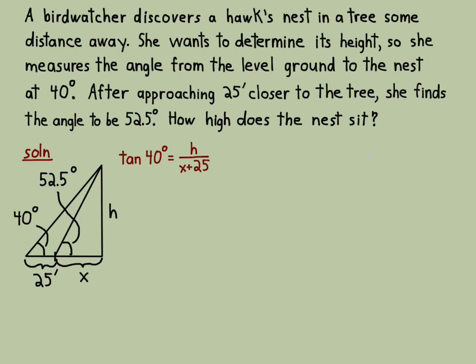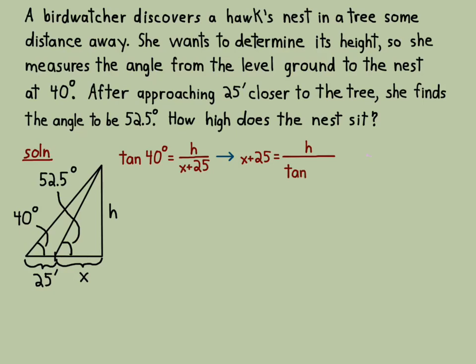So tangent 40 is opposite of the big triangle, right? So 40 degrees is for the big triangle. So opposite of the big triangle over the adjacent of the big triangle, which is x plus 25. And I just wrote that down. I'm just going to write down one piece at a time and see if I can make everything work out. Okay? I'm not going to try to write down one single equation all at once.